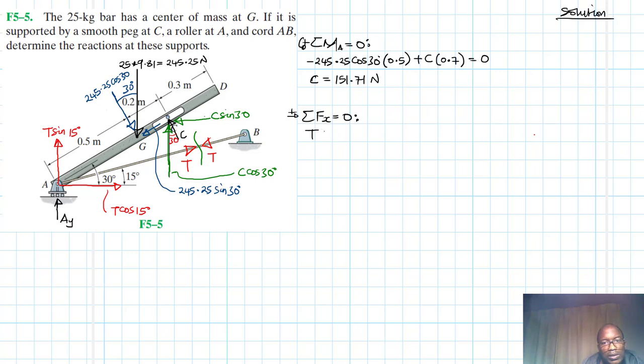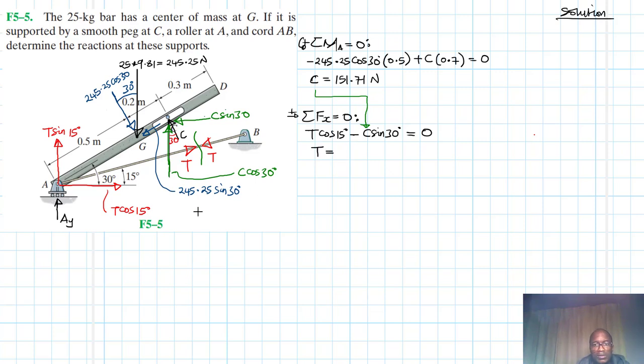We have T cos 15, then minus C sine 30. These are the only two components in the X direction, right? Equal to 0. We already know what C is, so we can plug it in so that we find what T is.